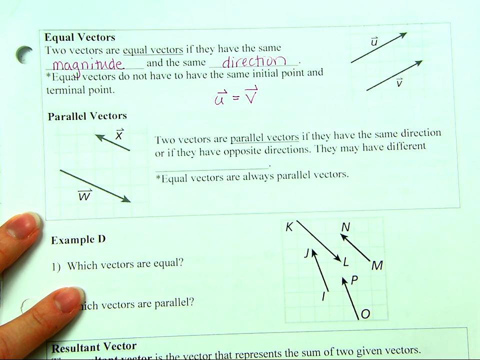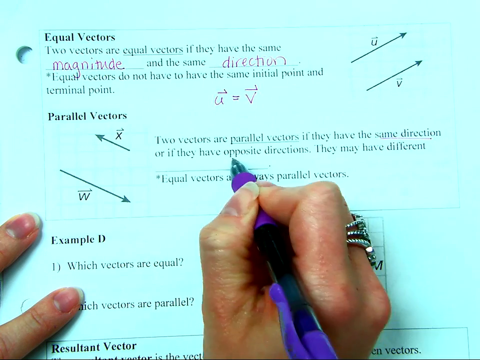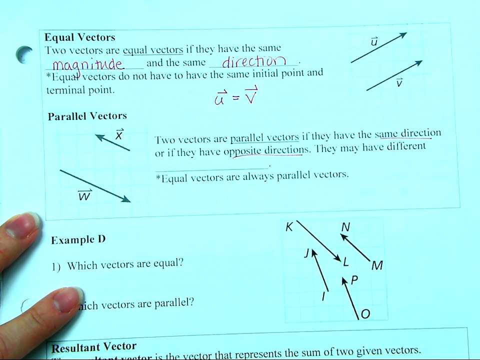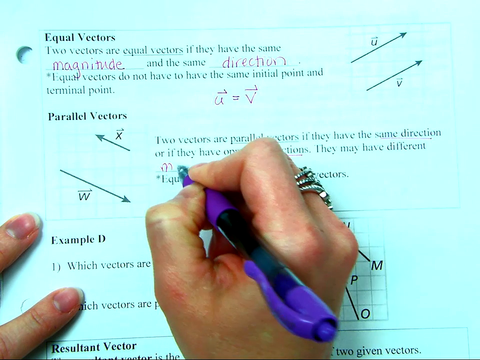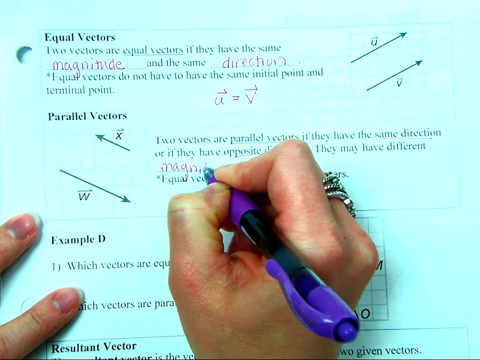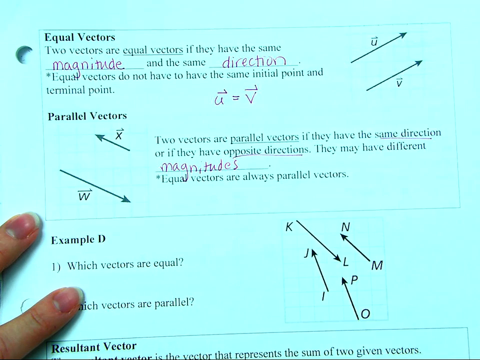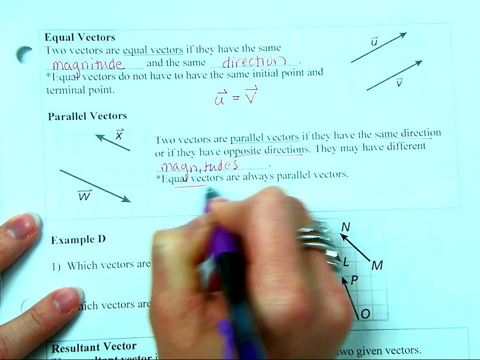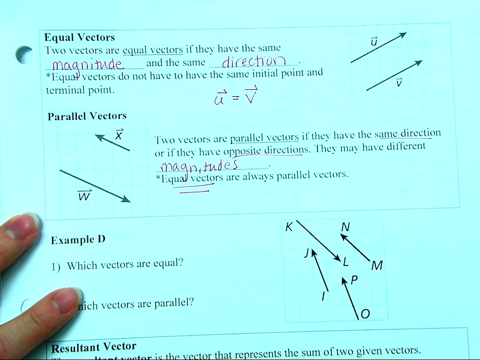Down below, vectors can be considered parallel if they have the same direction or they're going in opposite directions. But they may have different magnitudes, so they don't have to be the same length. And equal vectors are always going to be considered parallel.